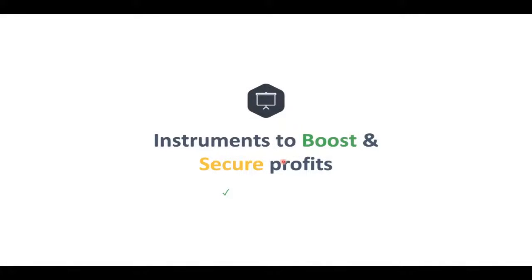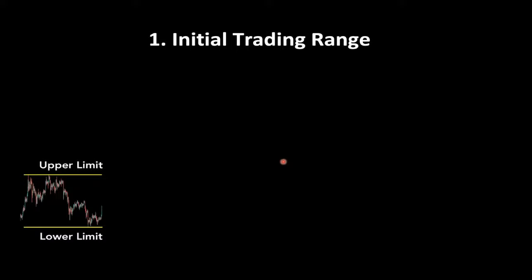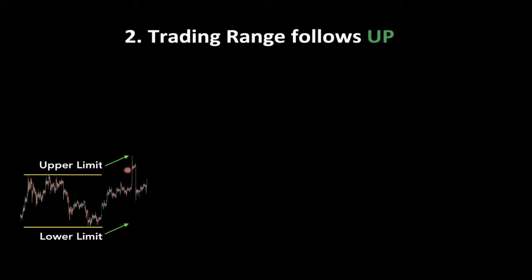So now is the time to actually discuss the trailing up instrument that I've mentioned already a couple of times. The idea of the trailing up instrument is that it follows the market rally. You see, here's the trailing range defined by the upper limit and lower limit prices, and now you see the price moved upwards. It now has established a new higher high.